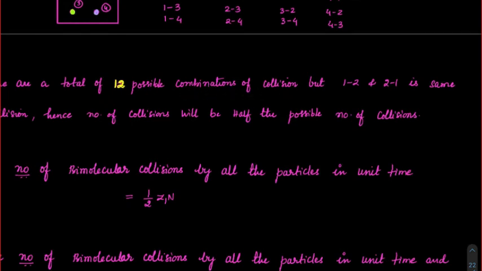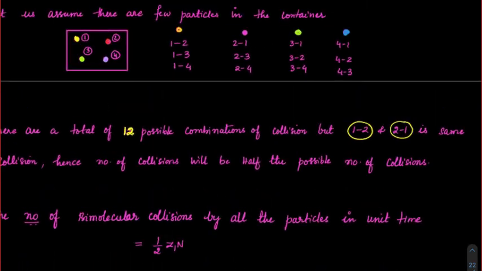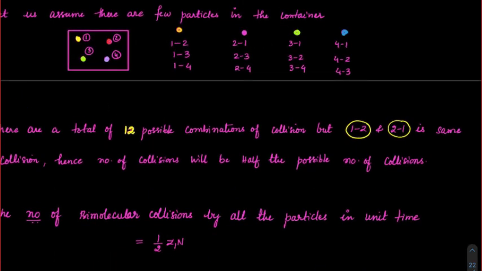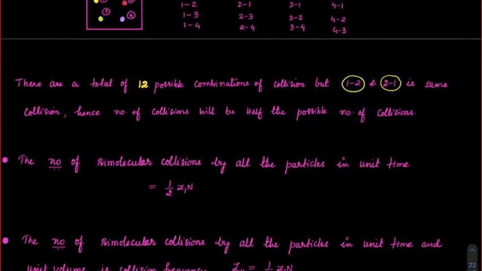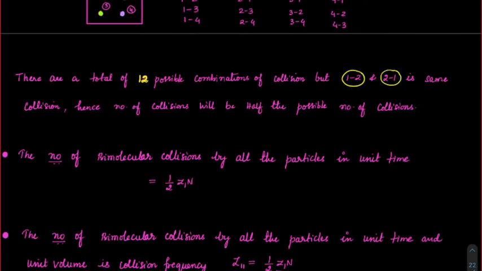But we know that 1 colliding with 2 or 2 colliding with 1 is the same. Which means every collision is counted twice when you count the total number of collisions. Hence the actual number of collisions will be half the possible number of collisions which you have.